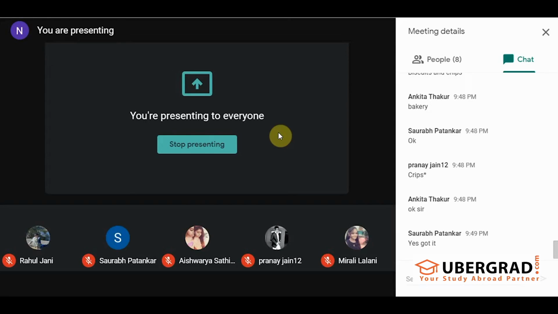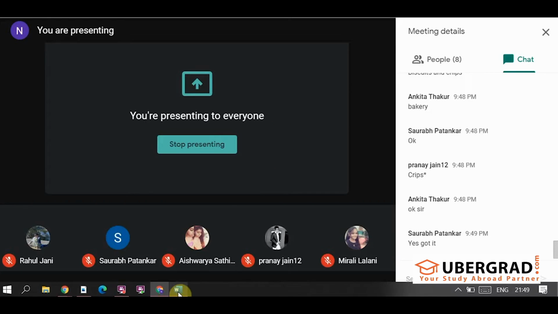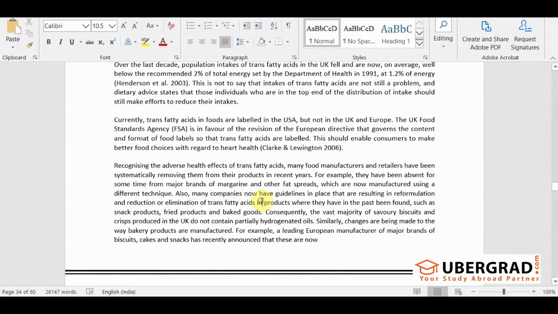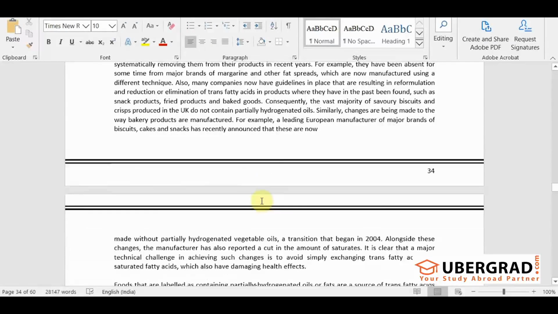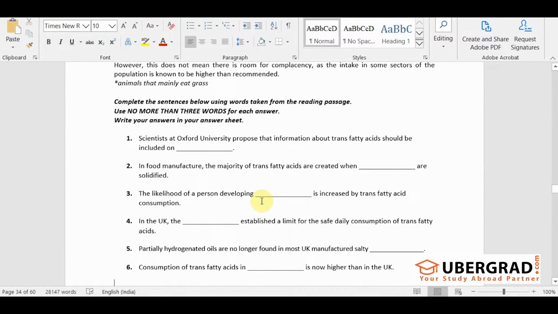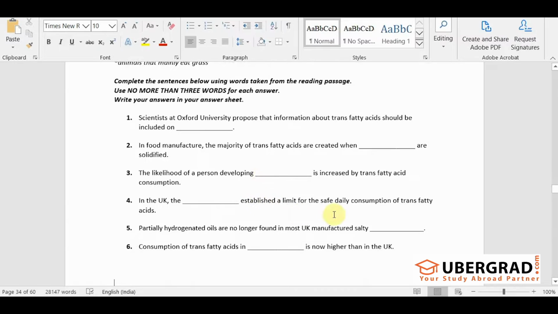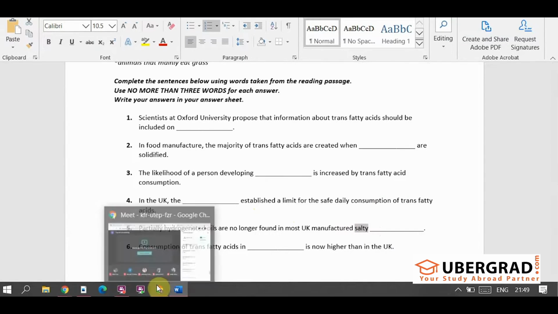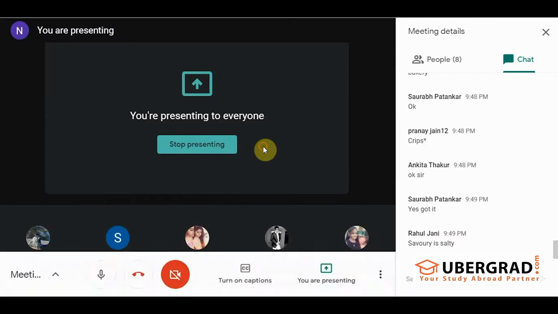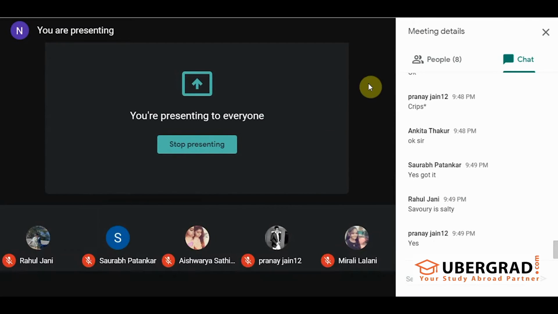So what will you write? See, the thing over here is the word savory is already there in the passage. Savory means salty. Okay, got it? All of you? Savory means salty. Yes, savory is salty. Good. So savory is already written in the passage, so we do not need to write savory over there. Right? We can simply write biscuits and crisps as our answer.